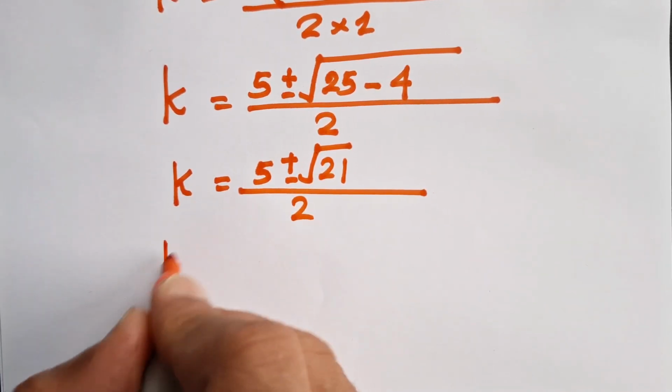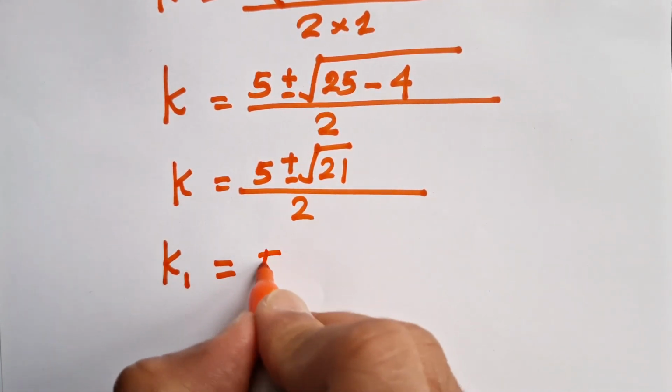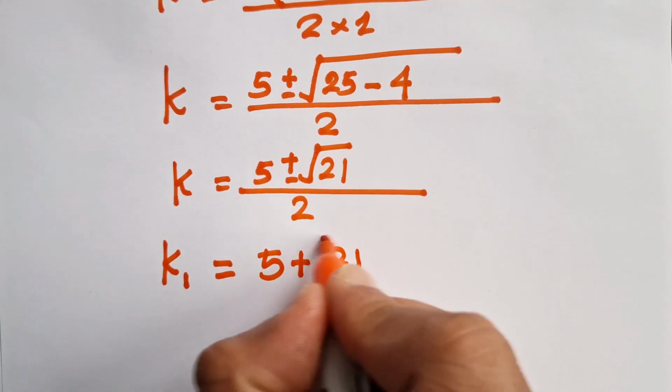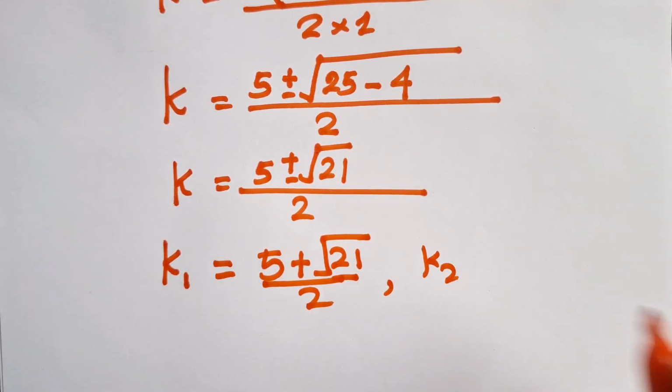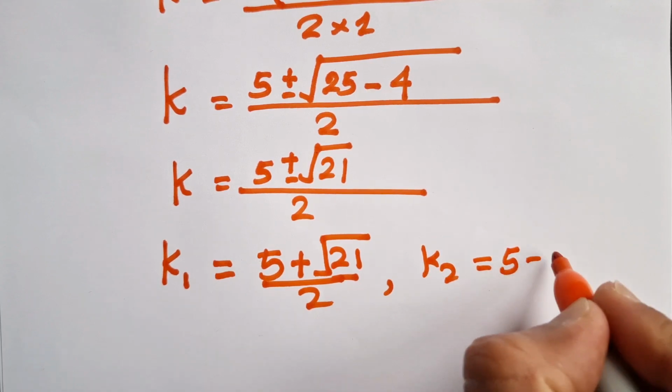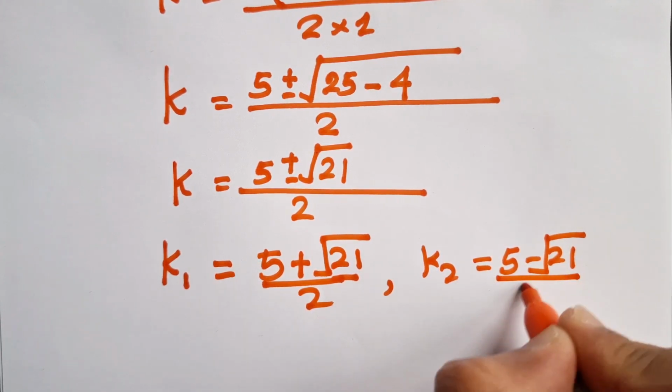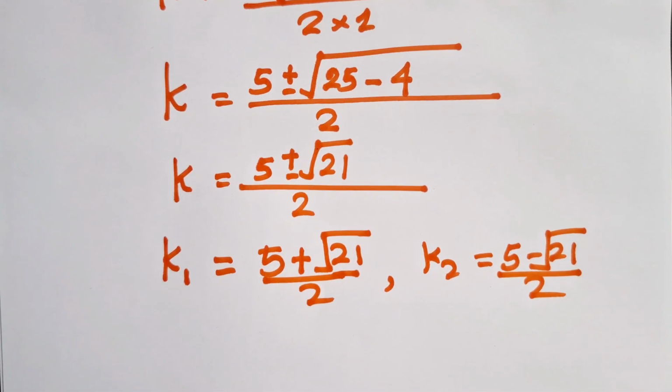So now we have two solutions for k. The first one I will take as k1, which is equal to 5 plus square root of 21 divided by 2. The second is k2, which is equal to 5 minus square root of 21 divided by 2.